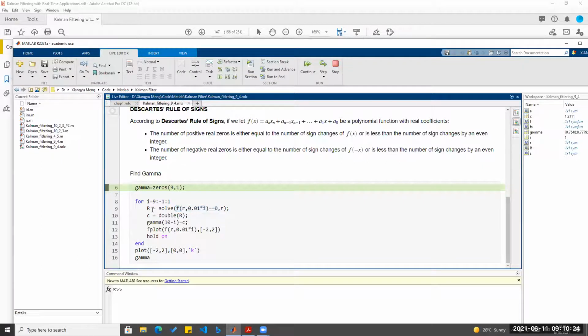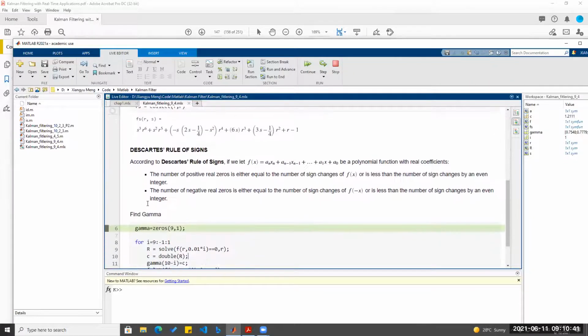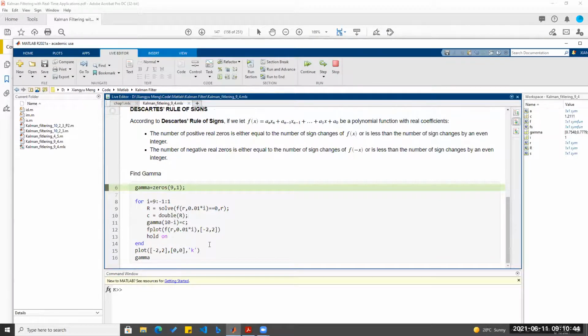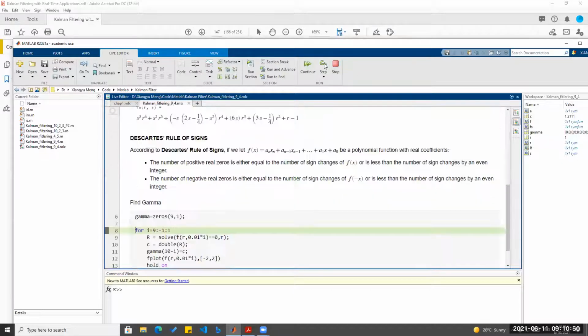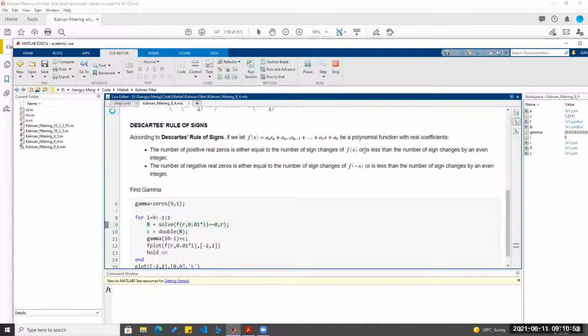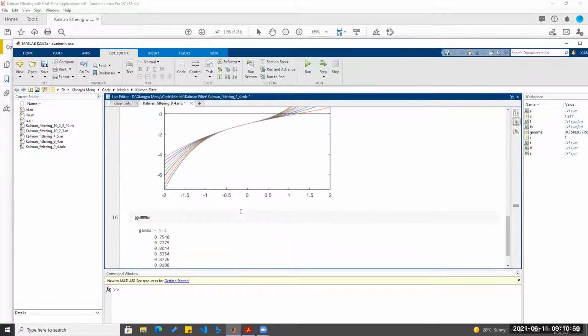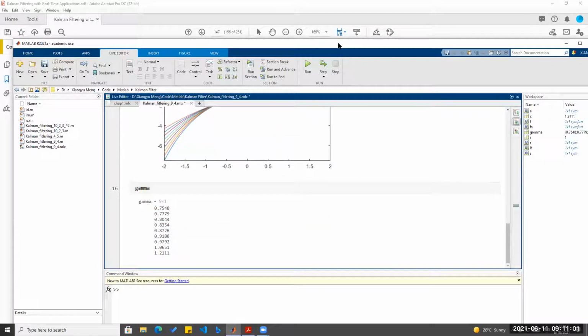Then we change the symbolic variable to a number using the command double, then assign the value to gamma. Then we can plot. For each given s, we can plot the function, and you will see the 0, that's the root of the polynomial. Let's continue all the way down. You will see the gamma value, and you can compare with the one in the book.